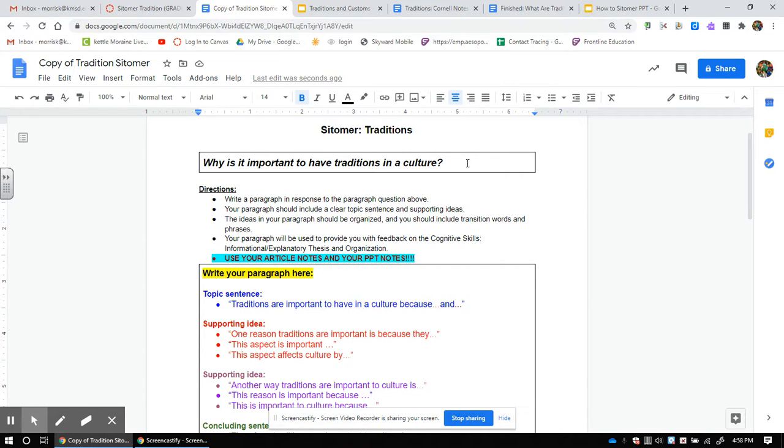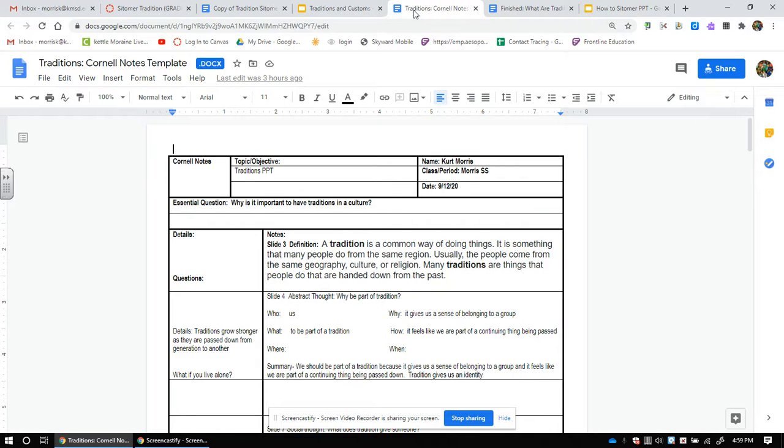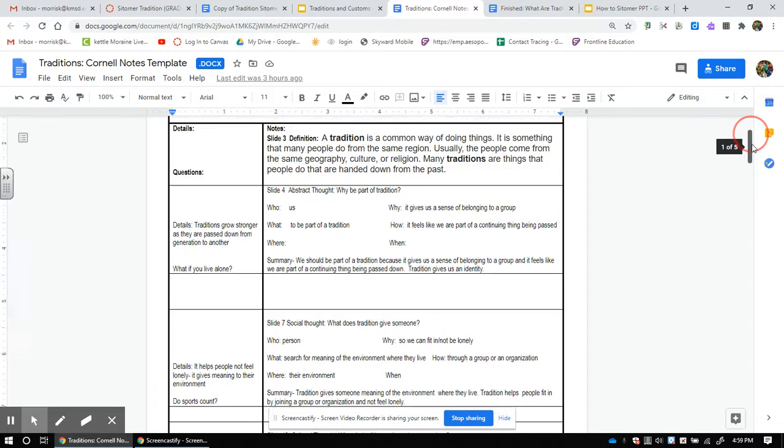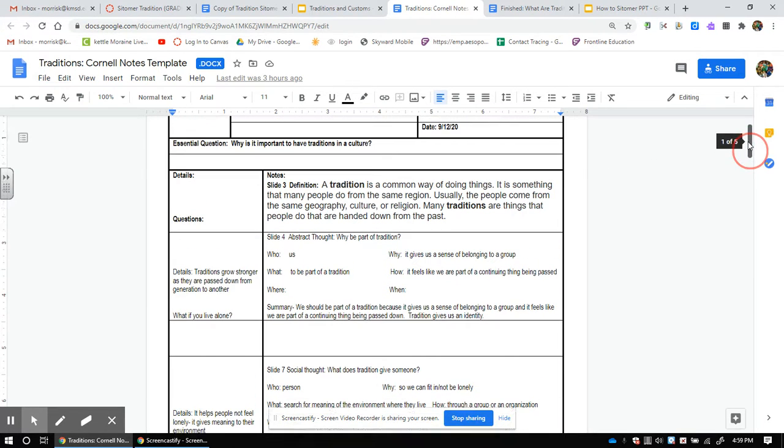So what I'm going to do is take my notes from tradition. You read this PowerPoint, and your notes look like this. Okay, so we've talked about these notes. We have our definition up here, definition of a tradition. We have slide 4, which talks about why be part of a tradition, and we have our summary here.